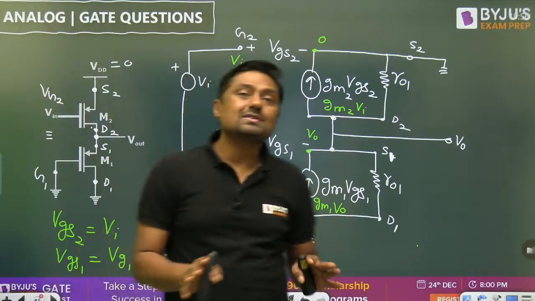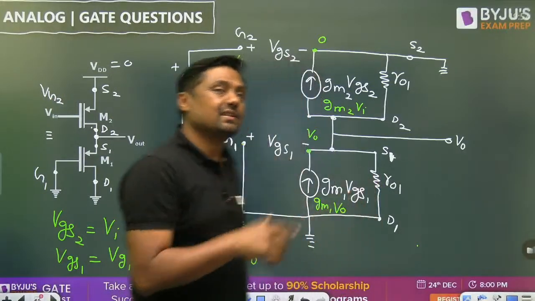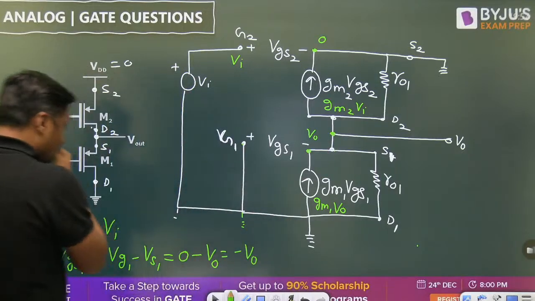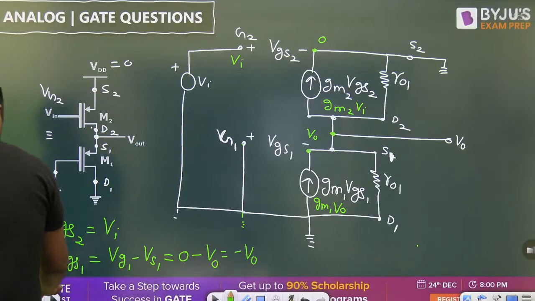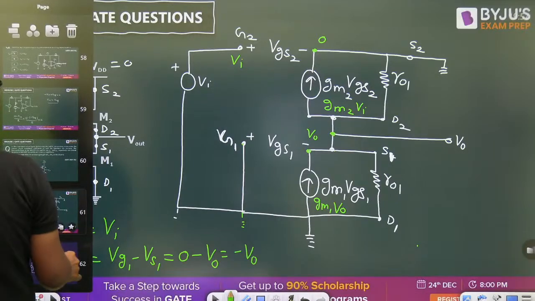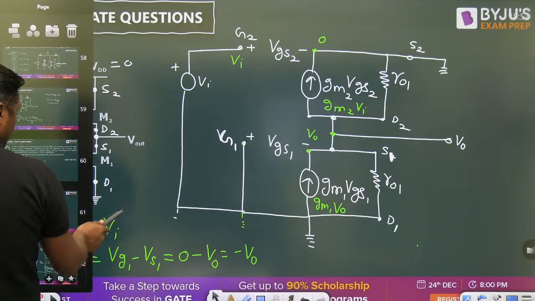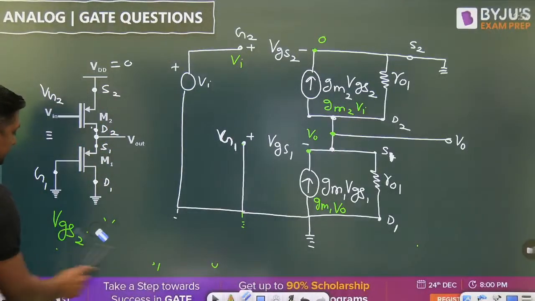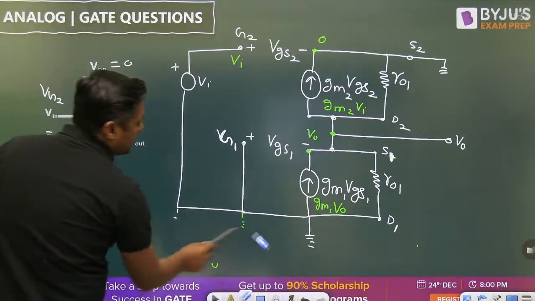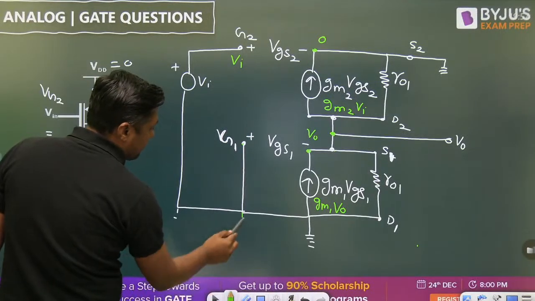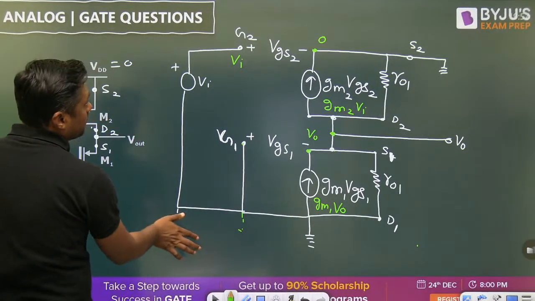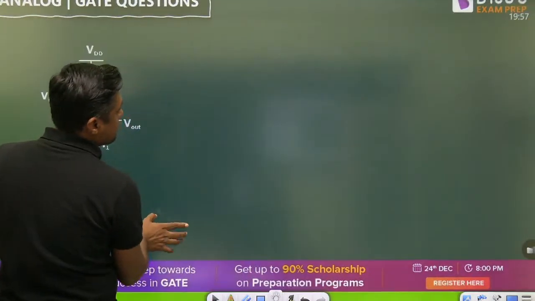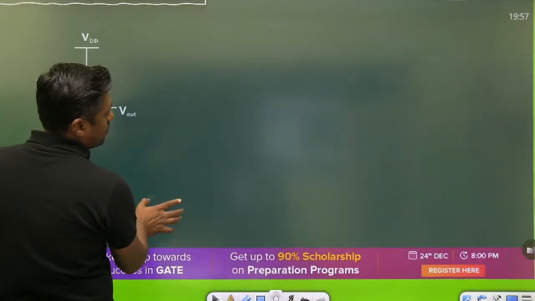Now, the diagram is over. Simply write the KCL here. Write the KCL at this point. I will take the next page for this. Now, the diagram is over. Now, I am going to write the KCL. Oh, sorry.